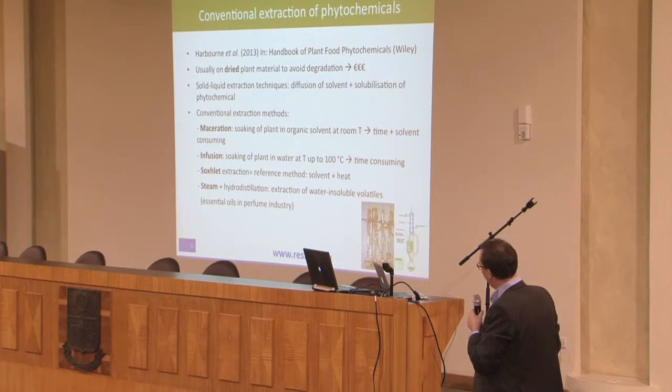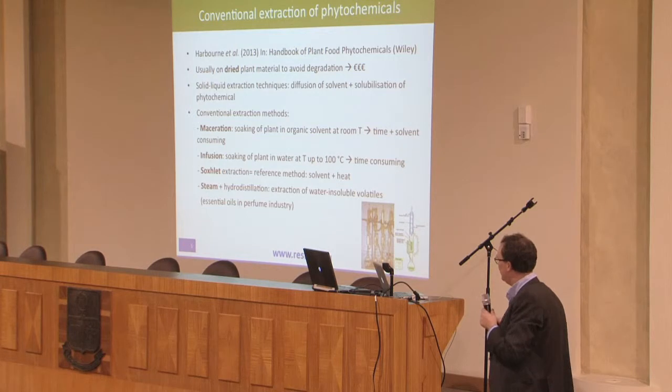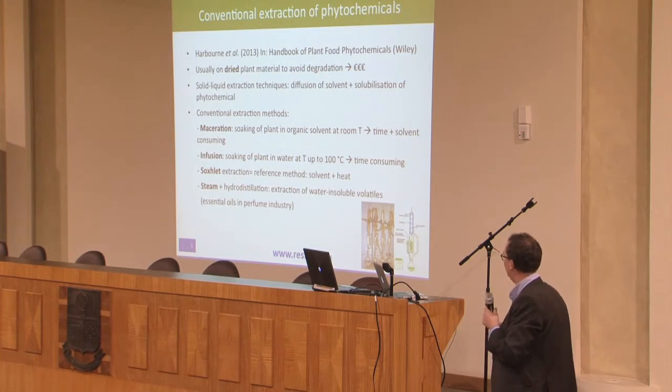And then some conventional methods. The first one is maceration, where you soak plants in organic solvent at room temperature. But this is time consuming and solvent consuming. Another method is infusion, where you don't use organic solvent, but only water at a temperature of 100 degrees, but it also takes some time.